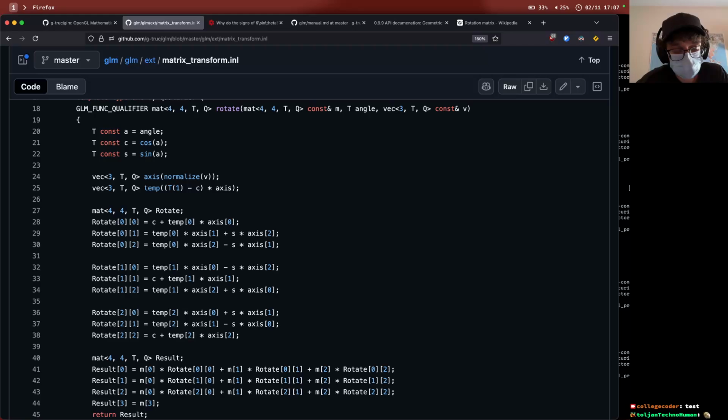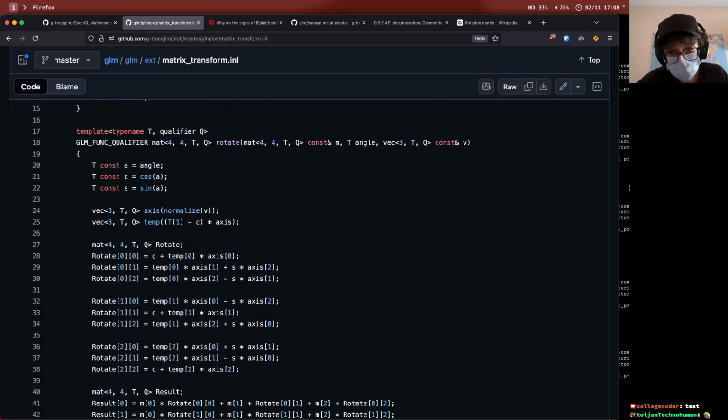Cosine of pi on 4 yields square root of 2 on 2. 1 minus the square root of 2 on 2 is around 0.3. 0.3 times the axes is a scalar multiplication that multiplies by all the components of the axes. The axes has normalized every single one of them.